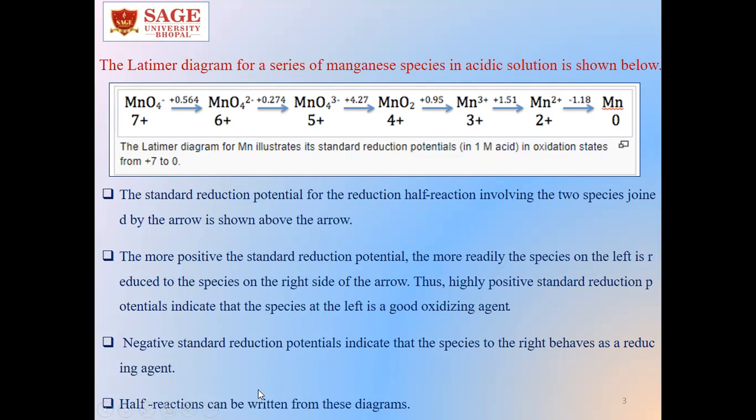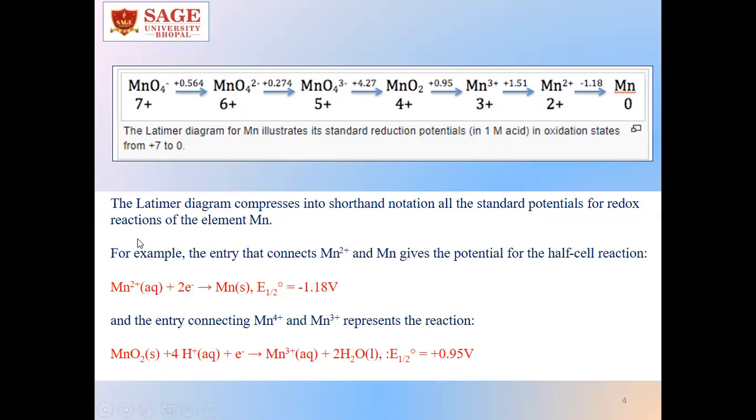Half reactions can also be written from these diagrams. The Latimer diagram compresses into shorthand notation all the standard potentials for redox reactions of the element manganese. For example, the entry that connects manganese 2 plus and manganese gives the potential for the half cell reaction Mn2 plus aqueous plus 2e becomes Mn.